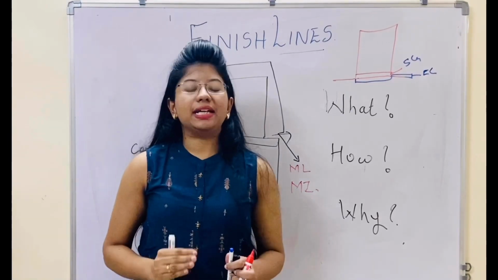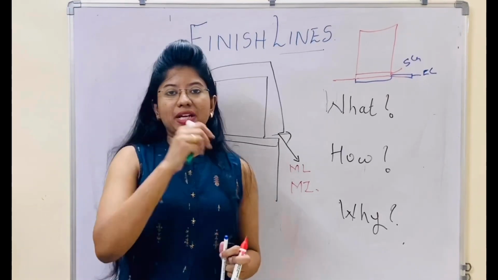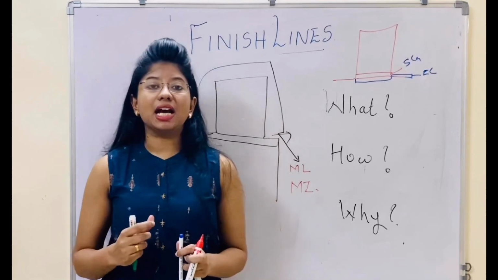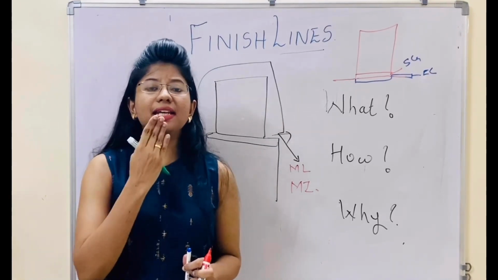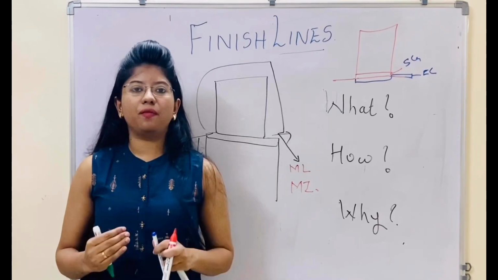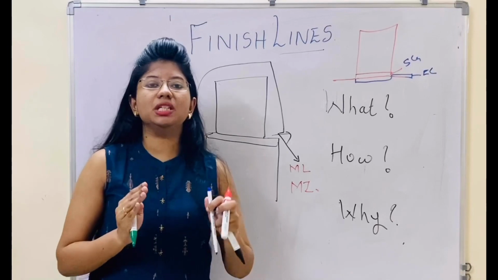Why do you need to categorize the finish lines as sub, equi and supragingival? Basically, subgingival finish lines are given in the areas where you want aesthetics, like in anterior teeth. Whenever you are giving a crown, it should have the emergence profile. It should look good on the patient. That's why you need to go for a subgingival finish line.